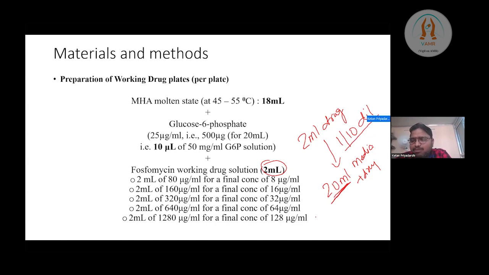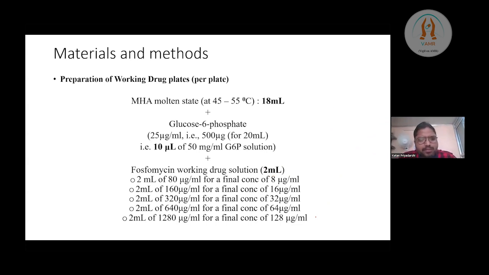Because of this 10 times dilution, if you need a plate with a final concentration of 8, you have to prepare 80. If you need a plate where the final concentration is expected to be 16, you have to prepare a drug concentration of 160, because 2 ml is becoming 20 ml with a dilution of 1:10.